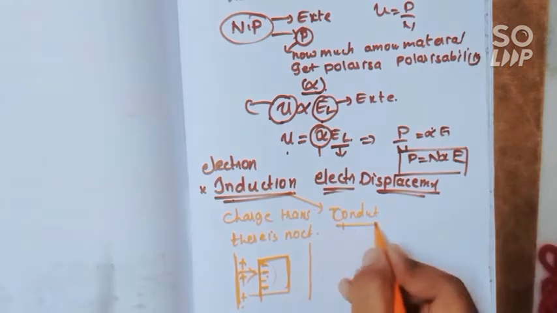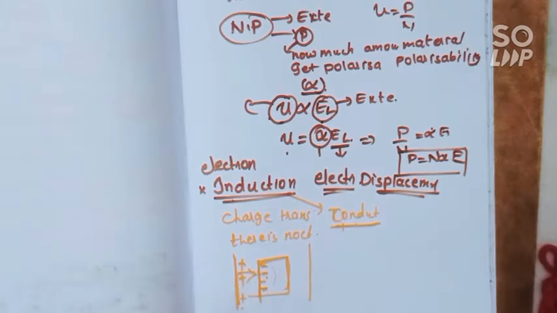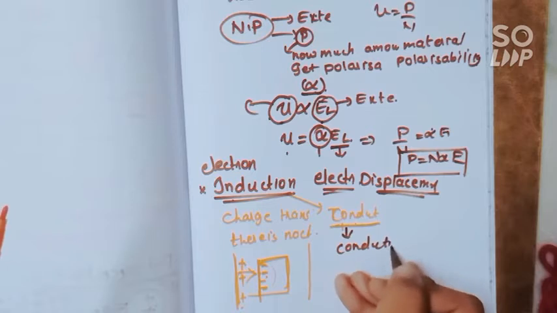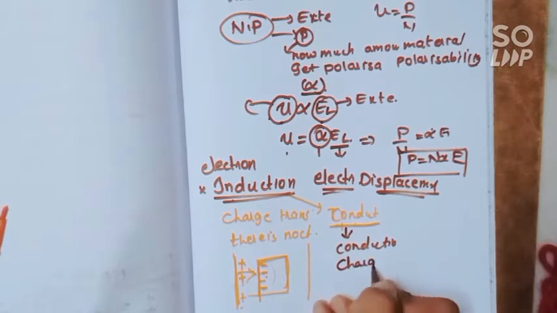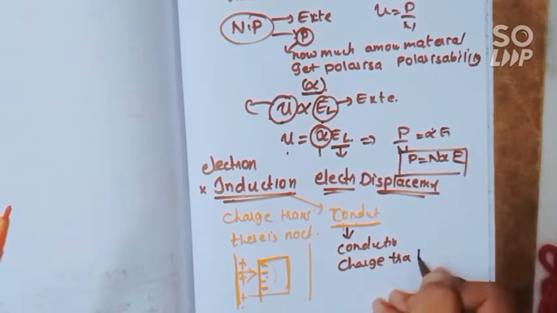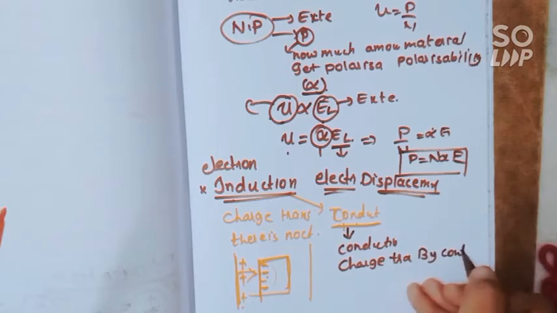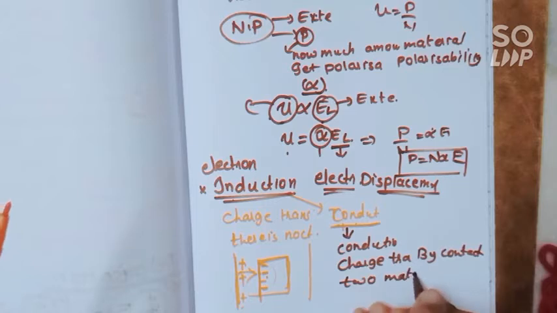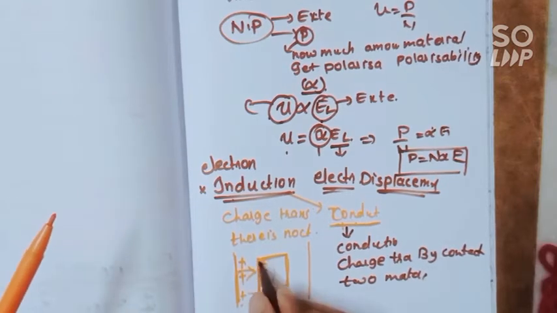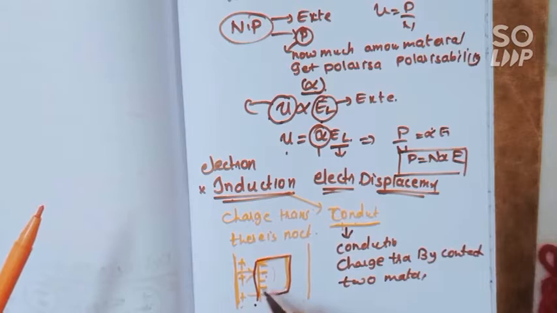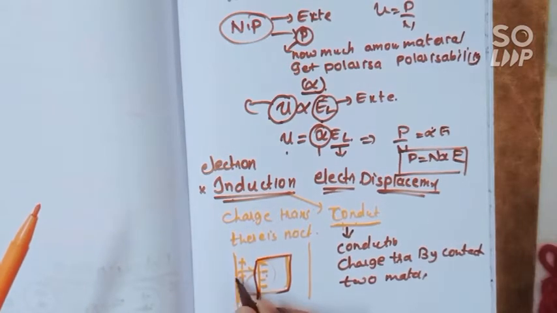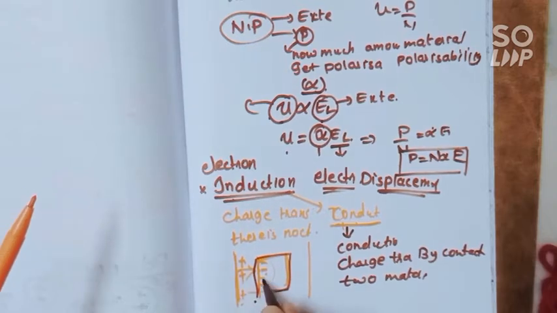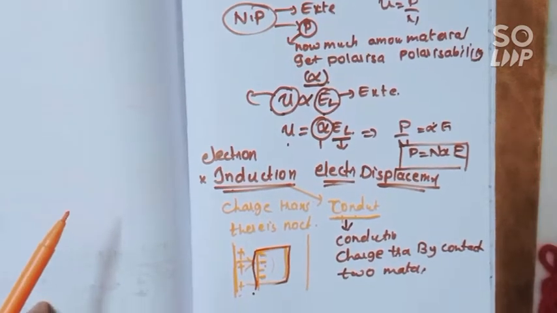Conduction is a charge transfer by contact of two bodies. Whereas in induction, without any mutual contact between them, the charge gets induced or transferred from one material to the other. This process is called induction.